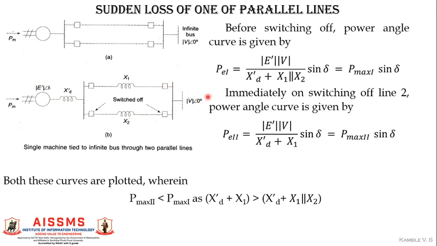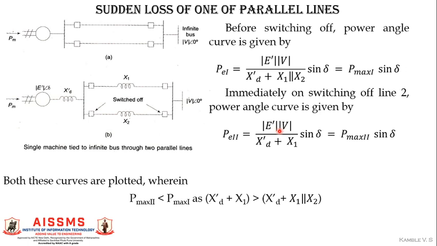That time, immediately after switching off line 2, the power angle equation, or power transfer equation, is given by PE2. The 2 represents that it is after the removal of the line, or switching off of line 2. So PE2 will be E dash into V, because these parameters we are not going to change, that is E dash and V at an angle 0.